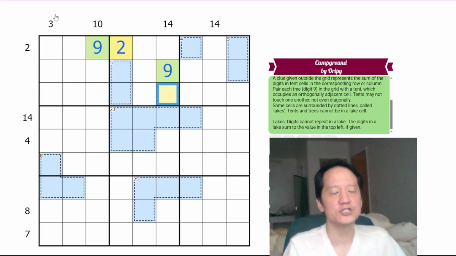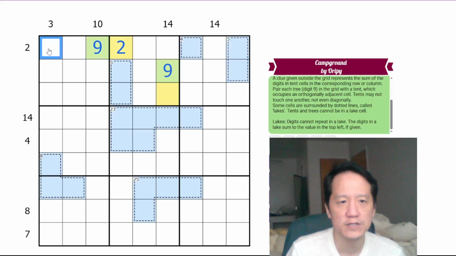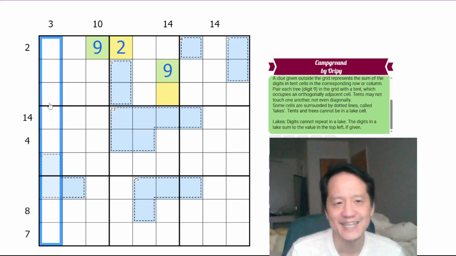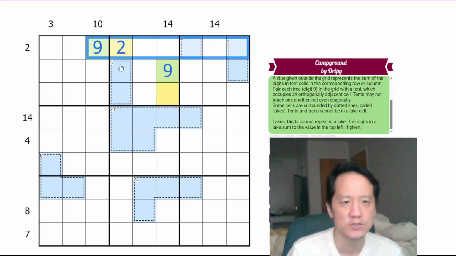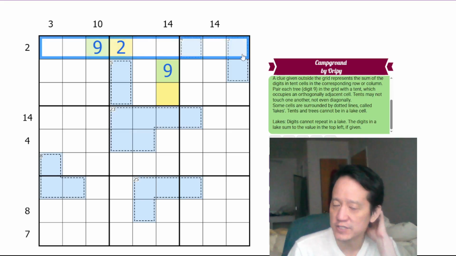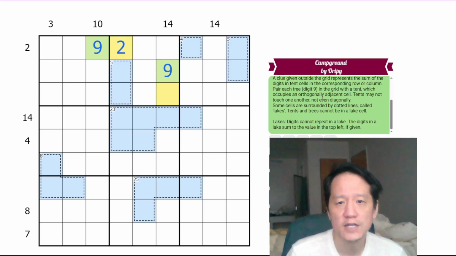And the number outside of the grid must be the sum of all digits in tents in the respective column or row. So in this row, this works because the sum of the digits in tents adds up to 2, right? And that's how tents work with the sums outside.